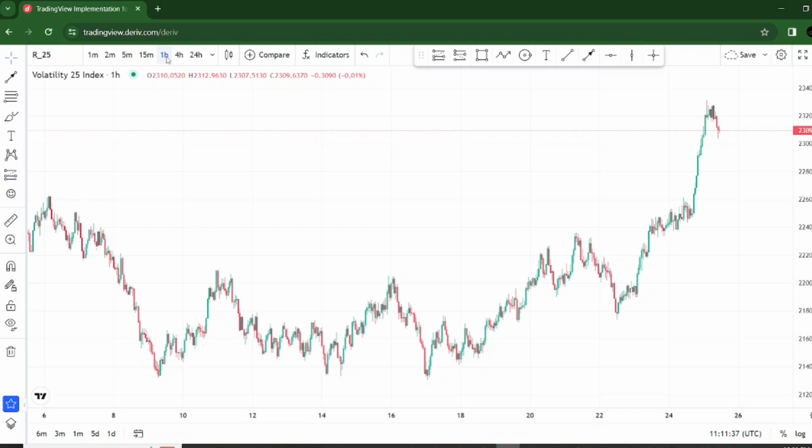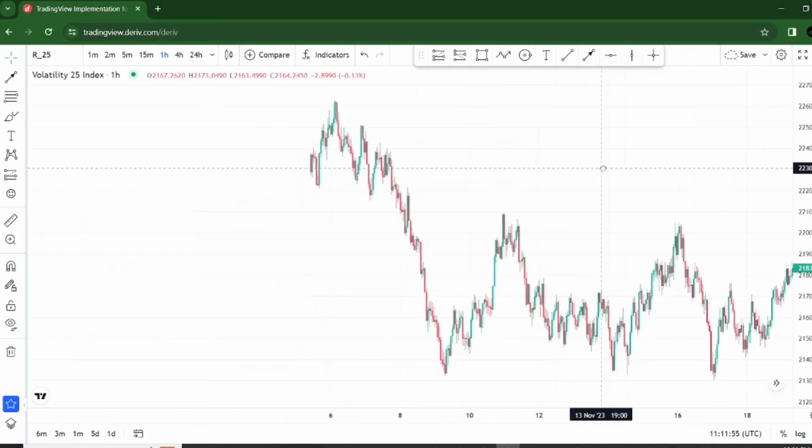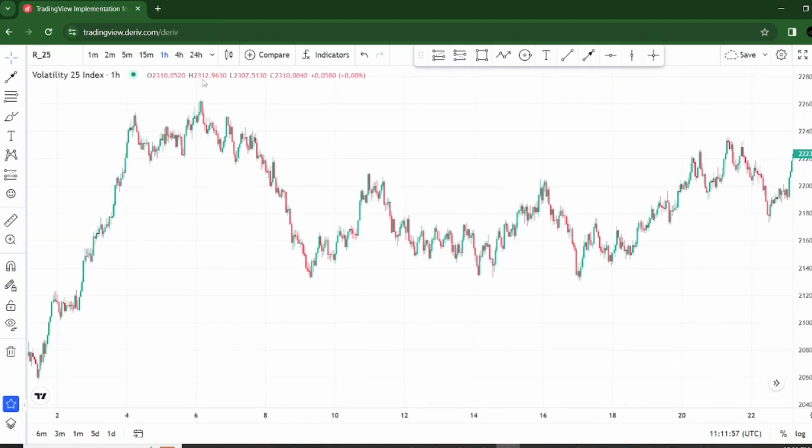The 1 hour time frame helps you to spot the pattern confirmation and the short-term movement of the market. It shows you what classic pattern is being printed, what classic pattern is being formed, which could either be a continuation pattern, a reversal pattern, or a consolidation pattern.